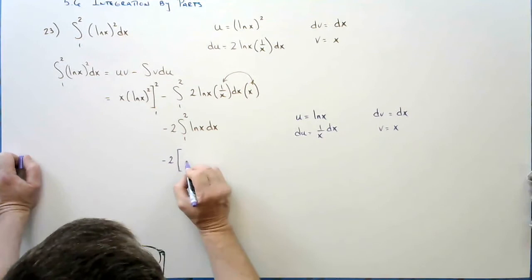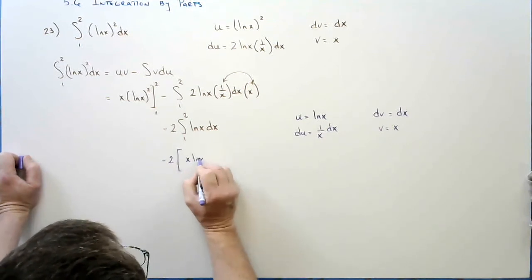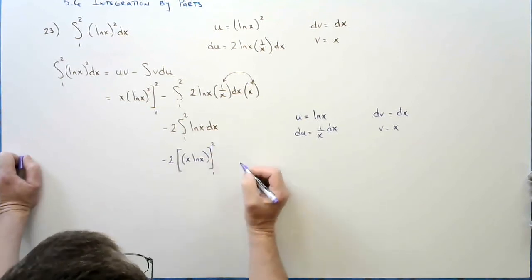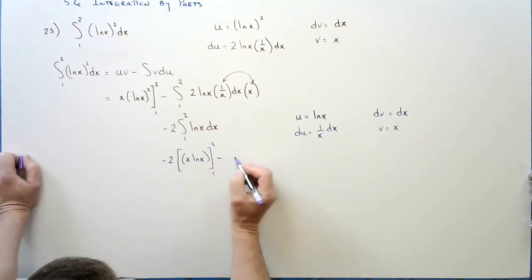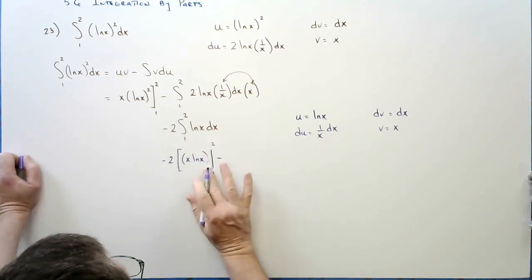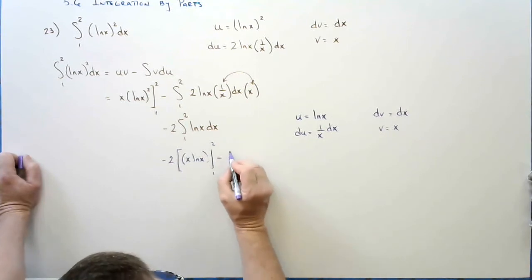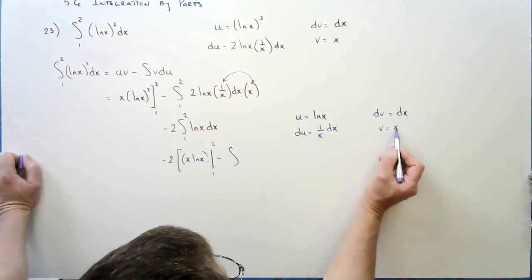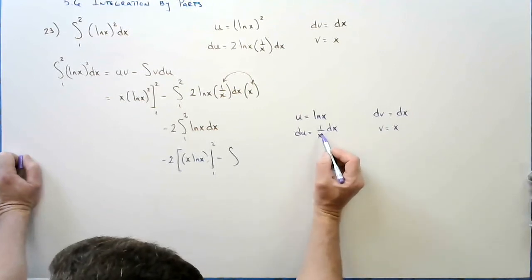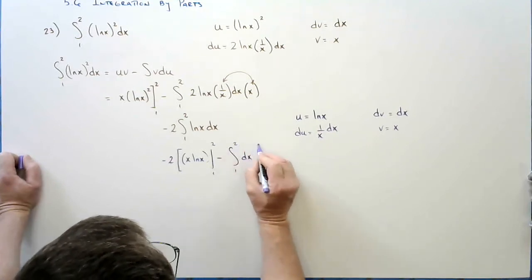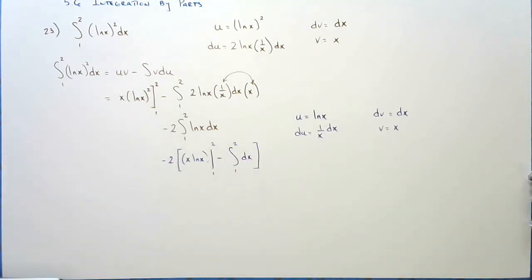So that's going to be x ln of x. That's done. So we can put down our evaluate between 1 and 2, minus the integral of v du. So that's going to be x times 1 over x. That's 1. So the only thing we have here is dx, and that's evaluated between 1 and 2. Well, that integral is easy.